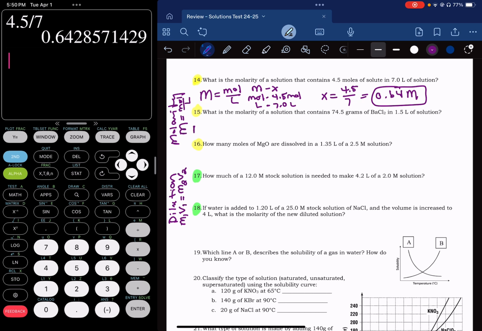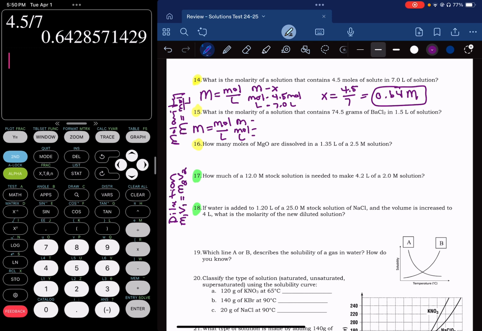Again, this is our formula, and we want to define our variables. So I have big M and then mole and then liters. Before we get too far into defining those things, we've got to find this mole number because we need moles and we were given grams.